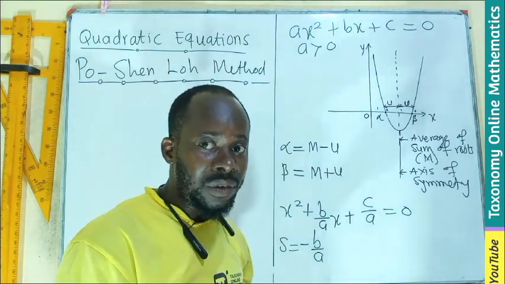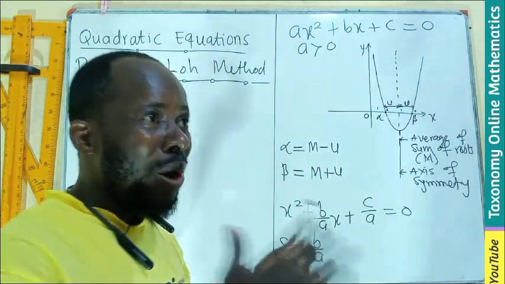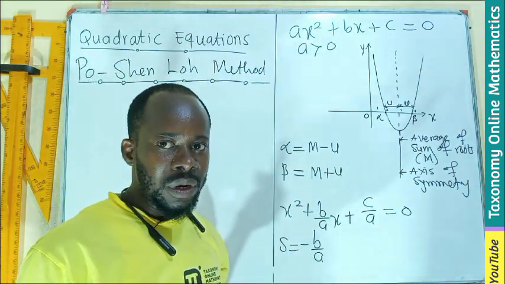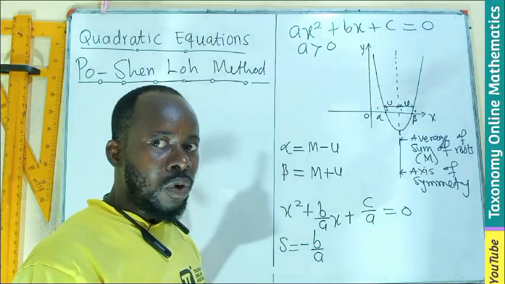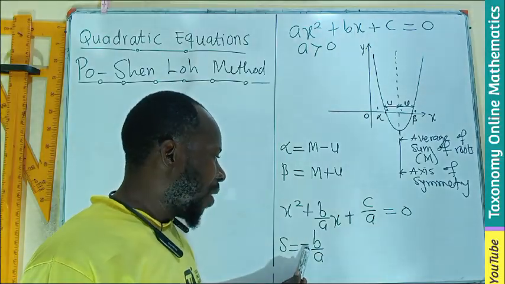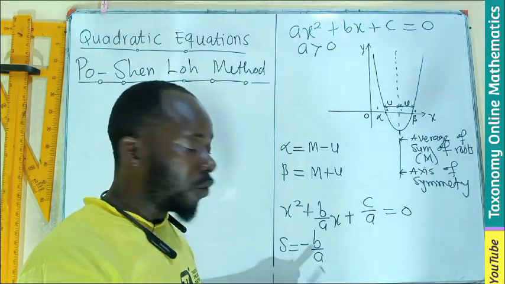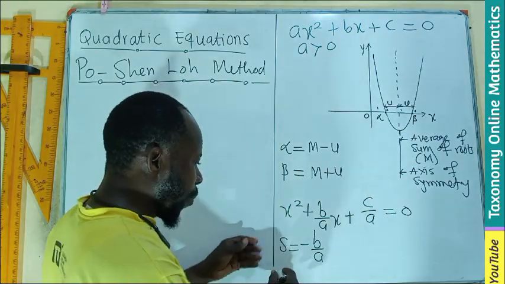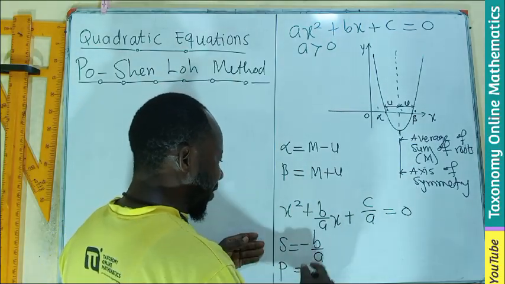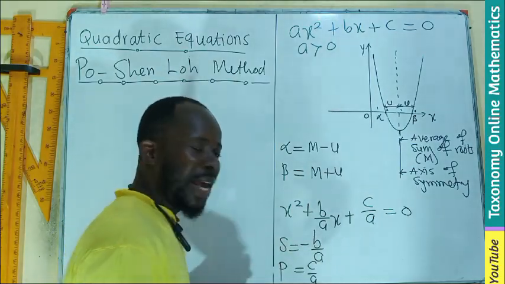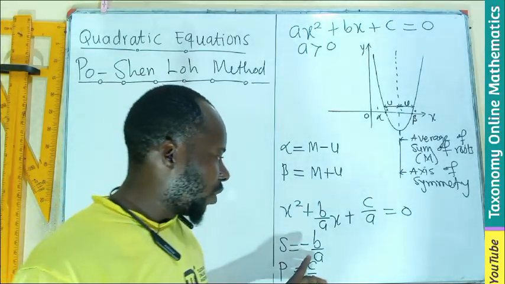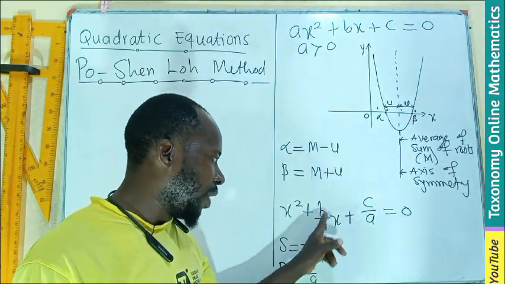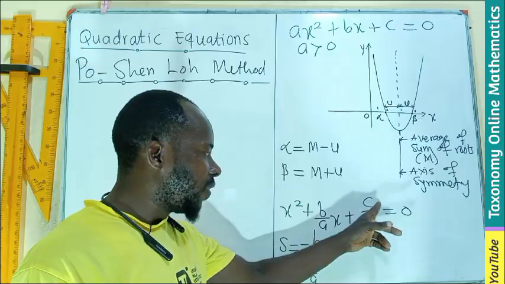If you check the playlist on the quadratic equation, there are a lot of episodes on how the negative comes here. You can also get it from there. Then the product of roots is c over what? A. So it means that you need to know what the negative b over a is. You need to know c over this.